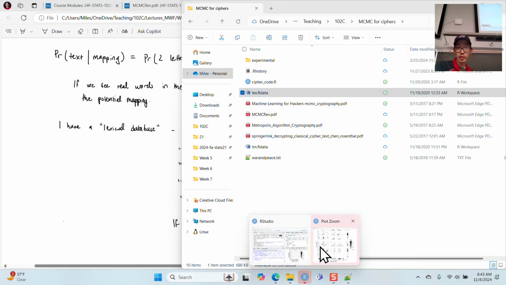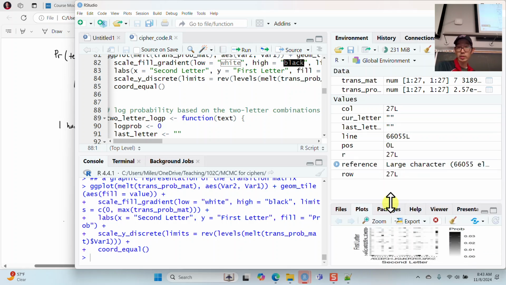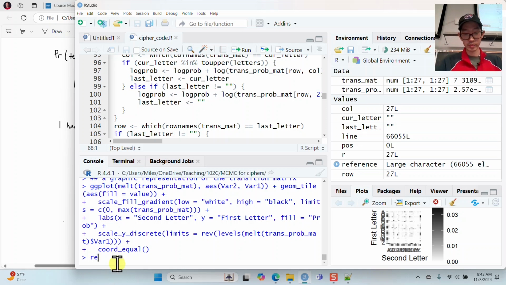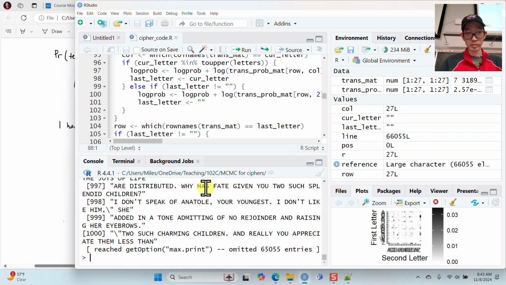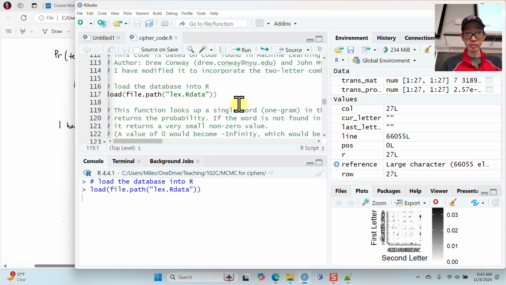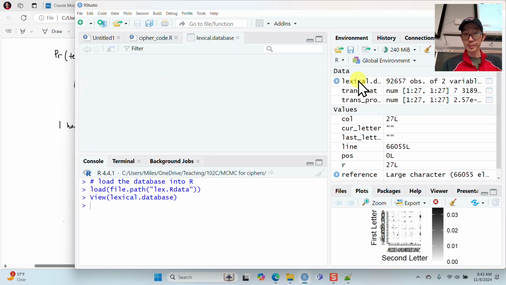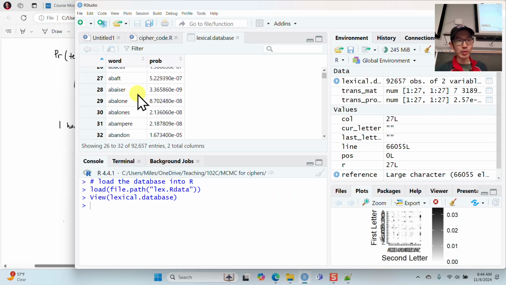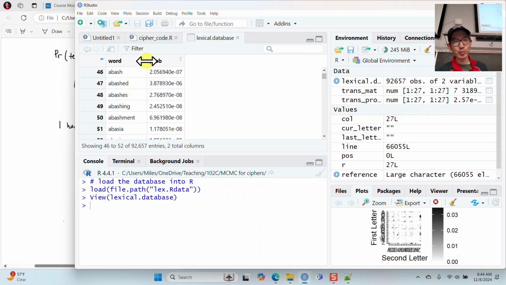Let's load that up into R. Okay, load the file lex data. So this is just a listing. I forgot where I got this, I want to say from Wikipedia or something. They have a whole bunch of words, and some relative probability.